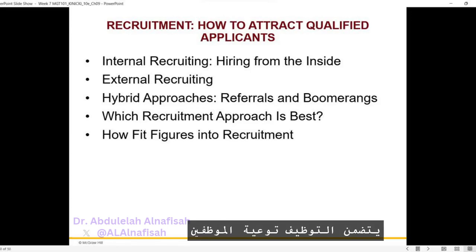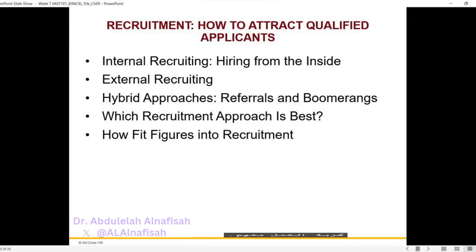Internal recruiting involves making current employees aware of job openings within the organization and considering them as potential candidates. Internal job postings are formal announcements circulated within the organization, informing employees of available positions. Informal nominations occur when managers recommend specific employees based on their first-hand observation and experience working with them.